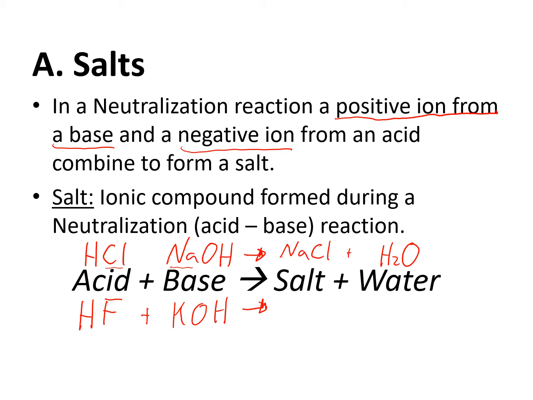Again, the metal or the positive ion from the base, K, the negative ion from the acid, F, and then water. So potassium fluoride, that is also a type of salt. It's an ionic compound formed from a neutralization reaction. So NaCl, KF, they're both different types of salts.